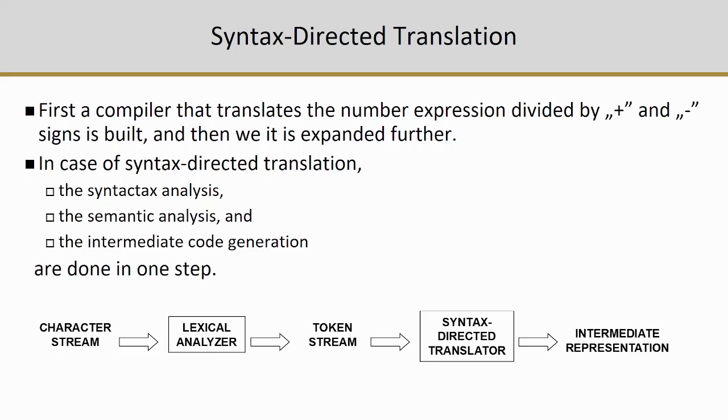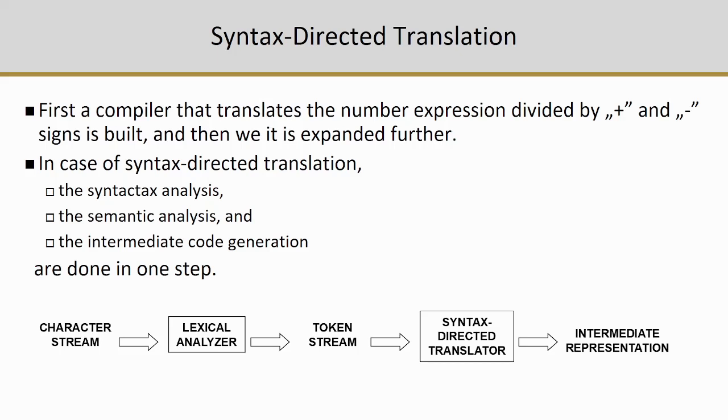Okay, so what is a syntax directed translation? As you could remember, the steps of a compiler are: first the lexical analysis, then syntax analysis, then semantic analysis, and then the intermediate code generation. In the case of the syntax directed translation, the second, third, and fourth steps, namely the syntax analysis, the semantic analysis, and the intermediate code generation, are done in a single step.